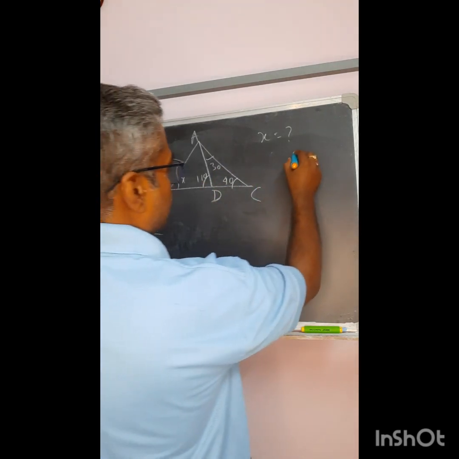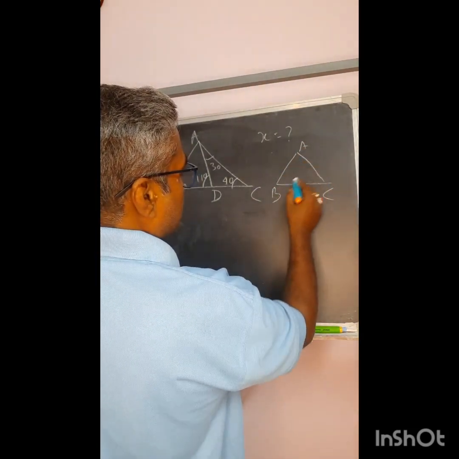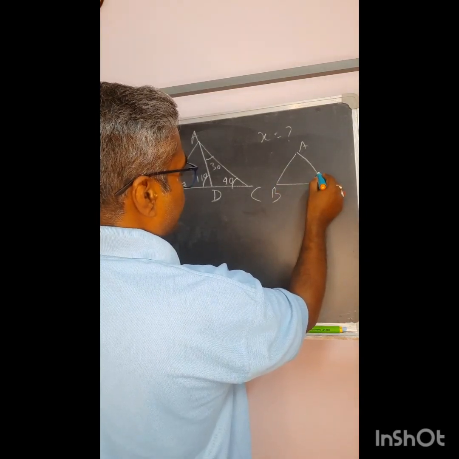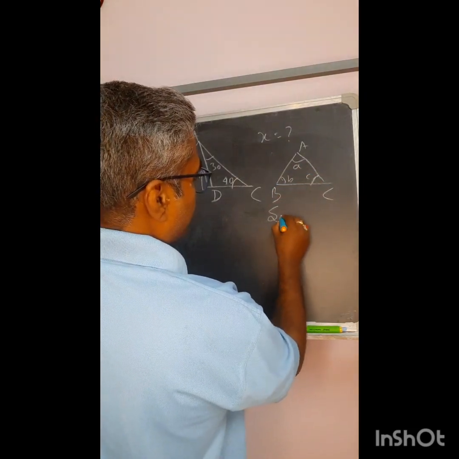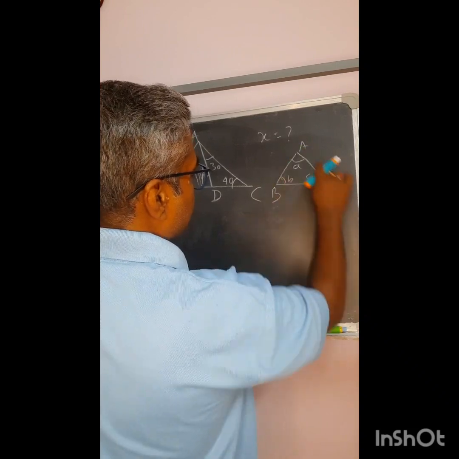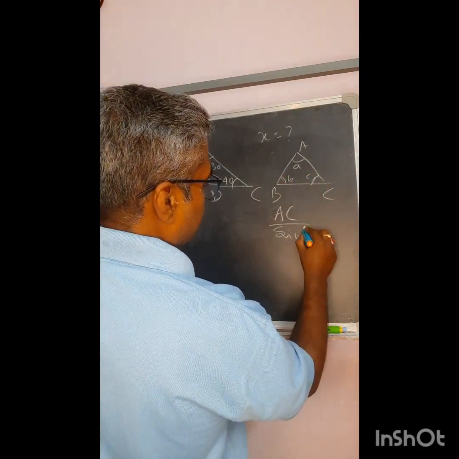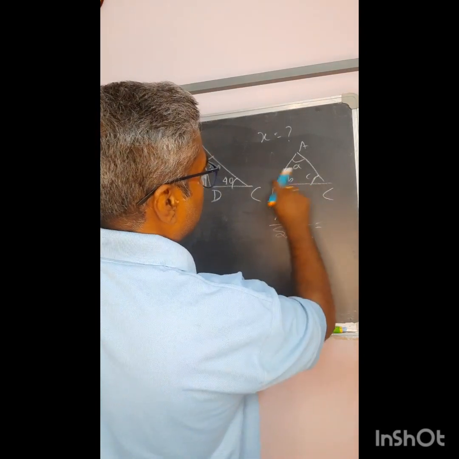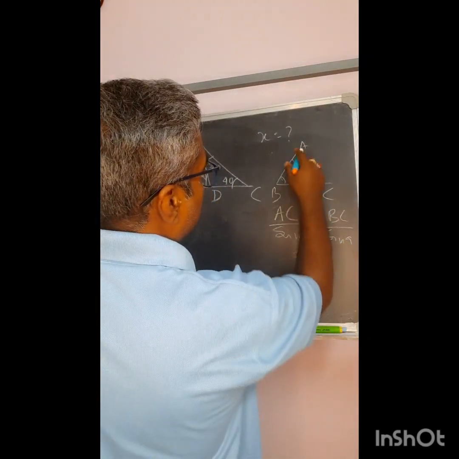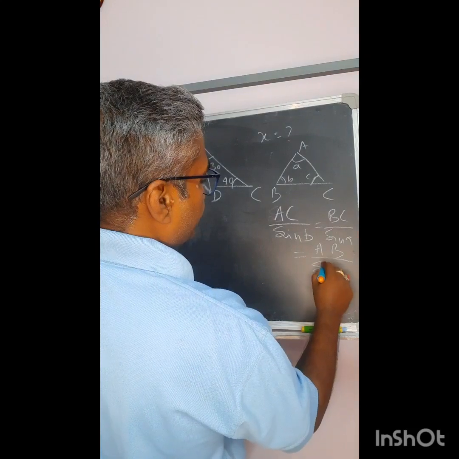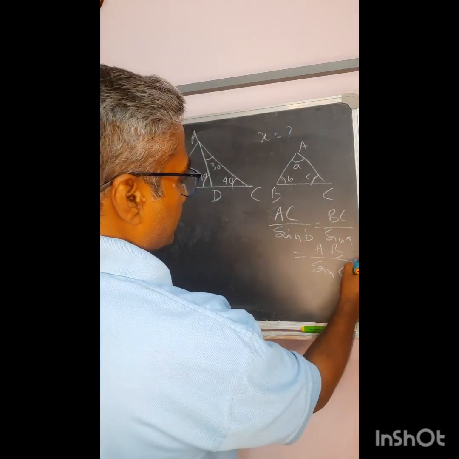The sine formula says, if a triangle is ABC, with angles A, B, C, then AC upon sine of the opposite angle B, equal to BC upon sine of A, equal to AB upon sine of C. These ratios are the same and equal to a constant.